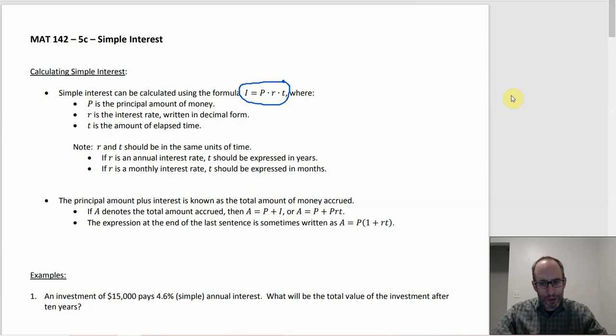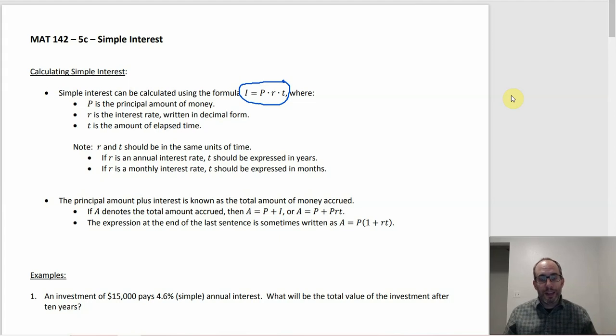The one other thing that I want to point out, because this will make a difference when we start talking about short-term loans, because they're in this section. Short-term loans tend to be in months rather than years. And everything else tends to be in years, at least what shows up here. So the rate and the time need to be in the same time units.